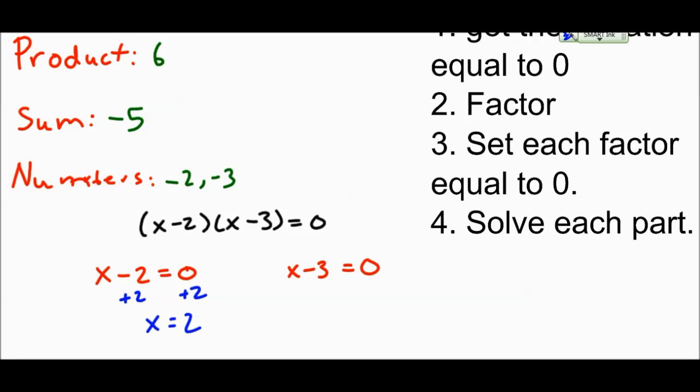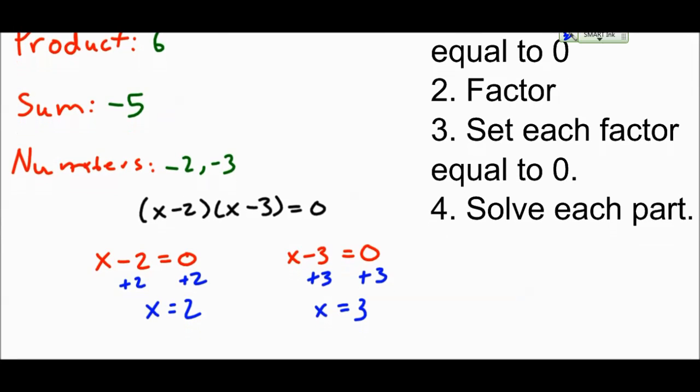We add 2 to both sides, add 3 to both sides, and so I get x equals 2 and x equals 3. And so what I've done is I found the zeros of this particular quadratic. You can call them zeros, roots, or solutions. It all means the same thing. We're trying to solve that quadratic. And if I were to plug this in, I would get 0.